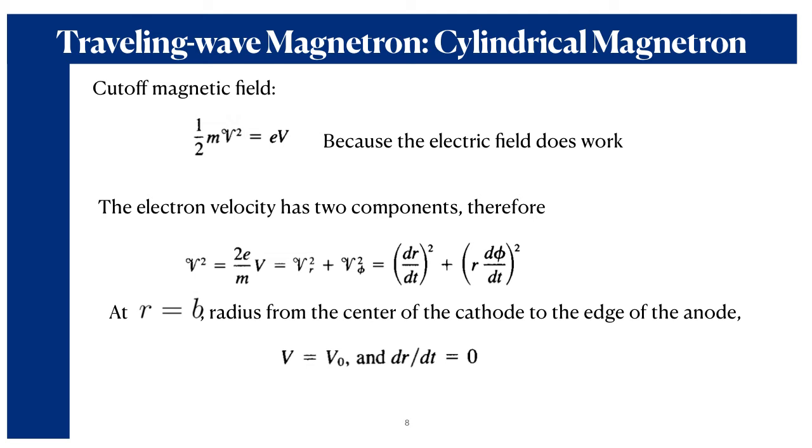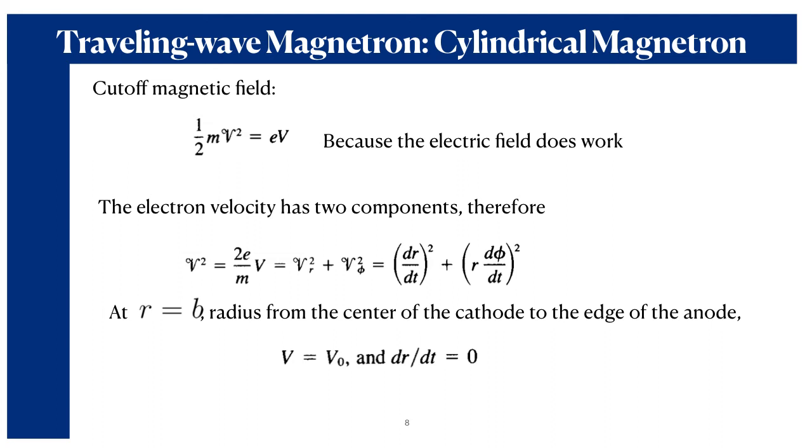dr dt should be 0. Since dr dt means the velocity along the radial direction, and since we are interested in the curved path, and we are considering that the electrons are not reaching the anode and are returning back to the cathode, when r equals b, at that position dr dt should be 0, and that is why they cannot reach the anode; rather, they are curved and return back to the cathode.